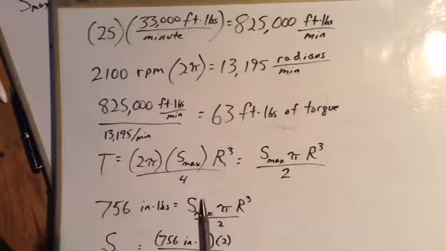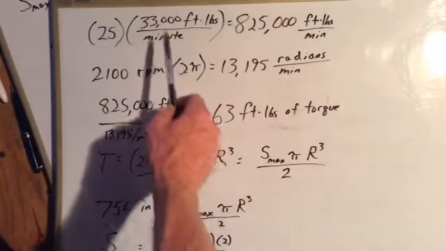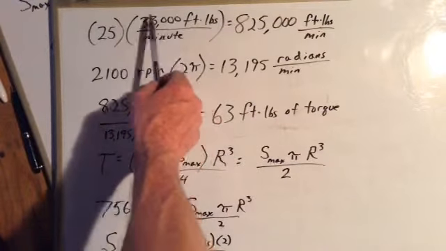Okay, let's say the engine is producing 25 horsepower while the propeller is spinning 2100 revolutions per minute. Here's what 1 horsepower is. Power, by definition, is work divided by the time it takes to do that work. 1 horsepower is 33,000 foot-pounds per minute.